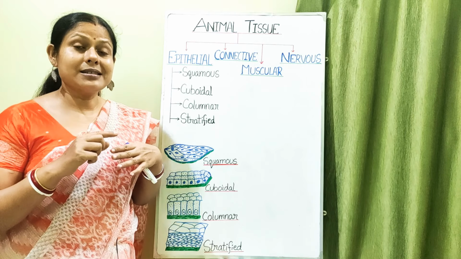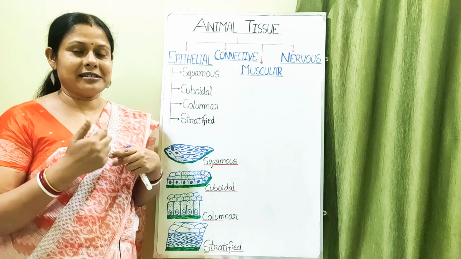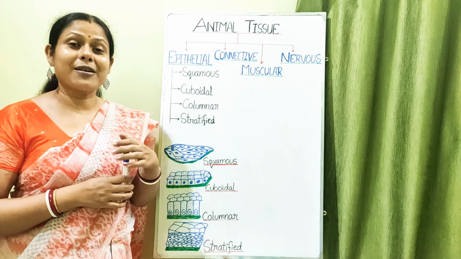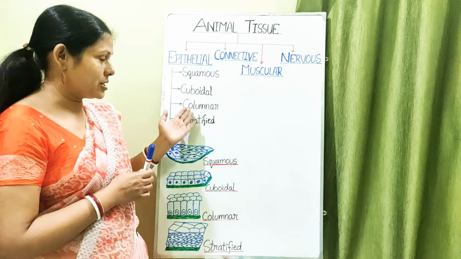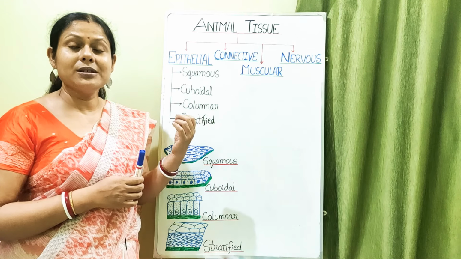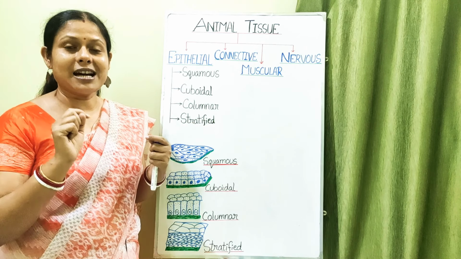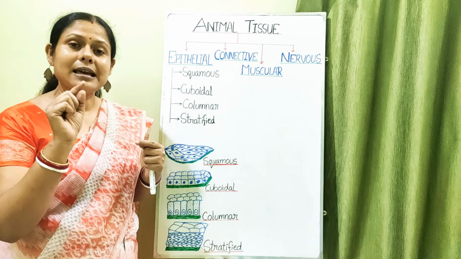Since those tissues are provided with hair-like structures, they have a special name. It is not mentioned here, but they are a part of cuboidal tissues and form the ciliated epithelial tissue. They are provided with cilia, which means hair-like structures.